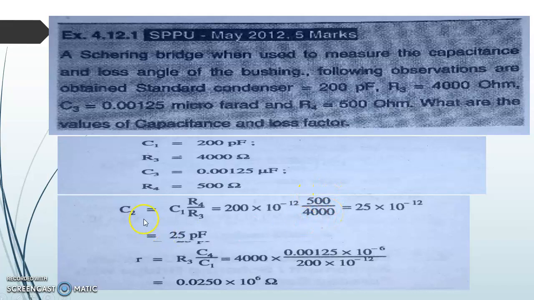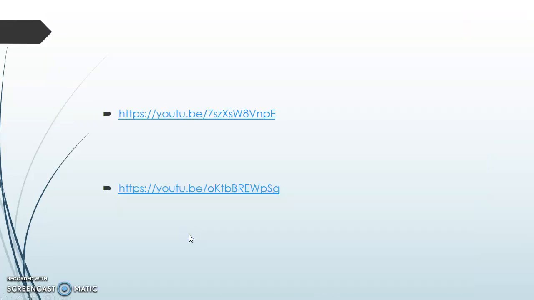So the obtained C2 is 25 picofarad, and R is equal to R3 into C4 upon C1. On solving this, we get the loss factor.